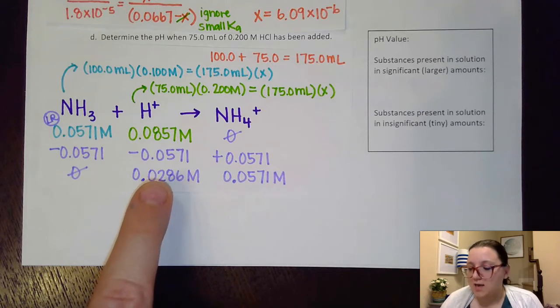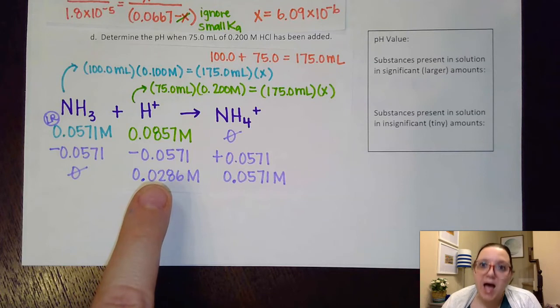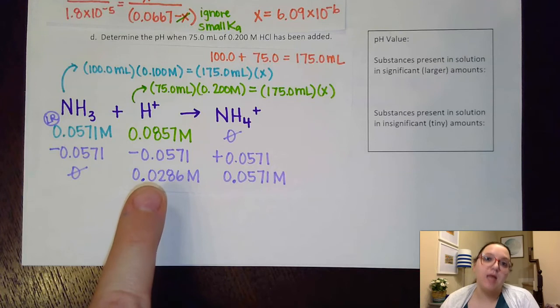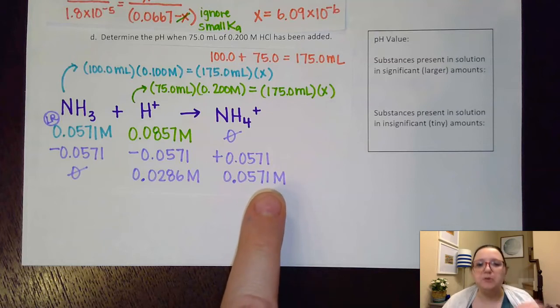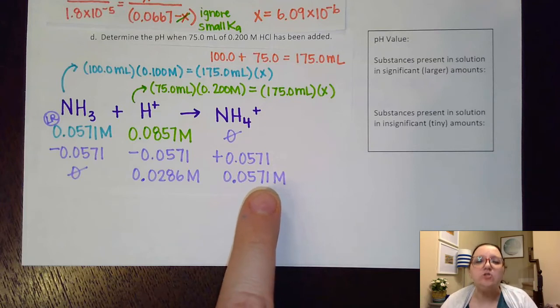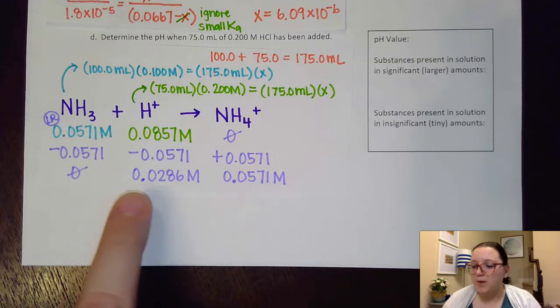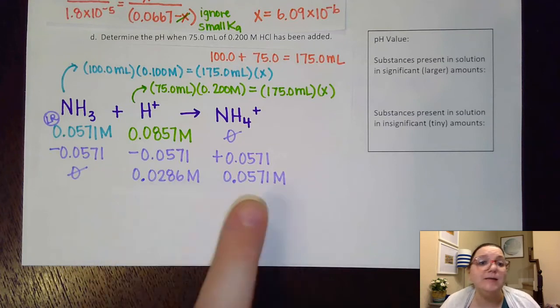So I can go ahead and calculate pH without doing the equilibrium part of NDSE. Once I'm past the equivalence point, I do not need the E of the NDSE setup. I only need the E before and at the equivalence point. Now, technically this NH4 plus does a little bit of equilibrium where it makes a little bit of H plus, but that amount is so minor in comparison to all this hydrogen over here that it doesn't even matter.